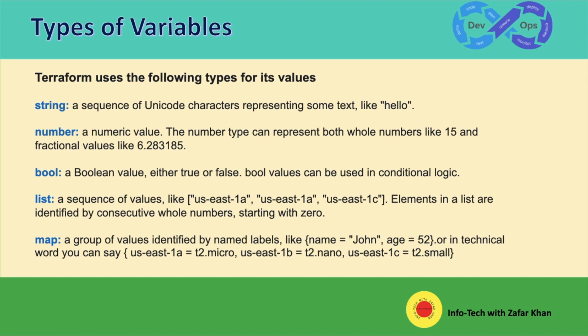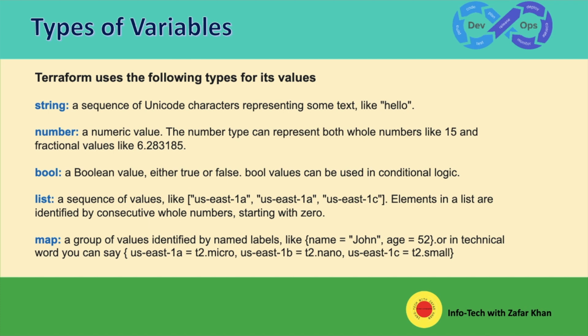Next one is the map, a group of values identified by a name label, like name is equal to John and age is equal to 52. So name is mapped with John. Similarly, age is mapped with 52.